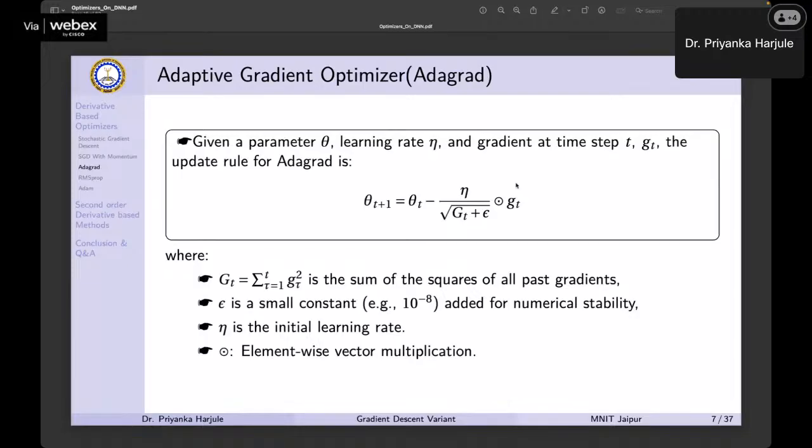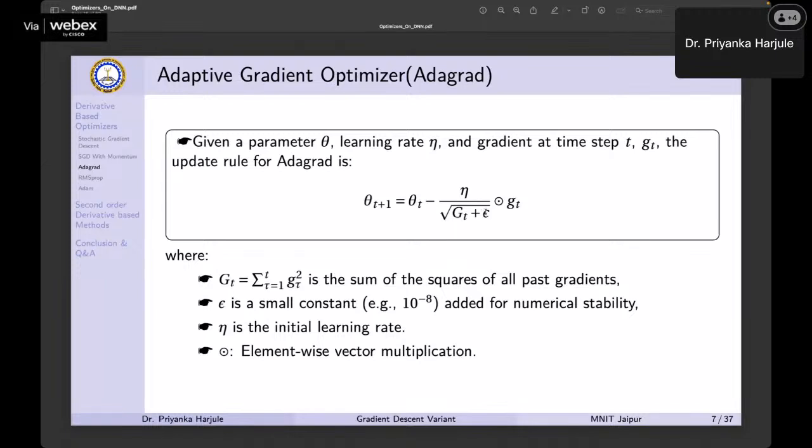We have the update at t plus 1 with the help of the previous one, having the learning rate divided by the square root of this accumulated term, capital G t.